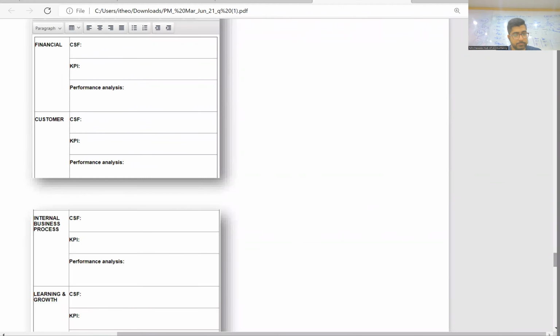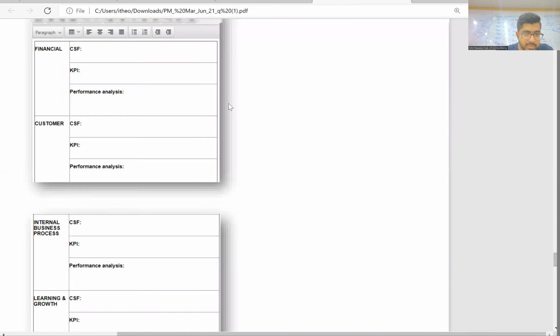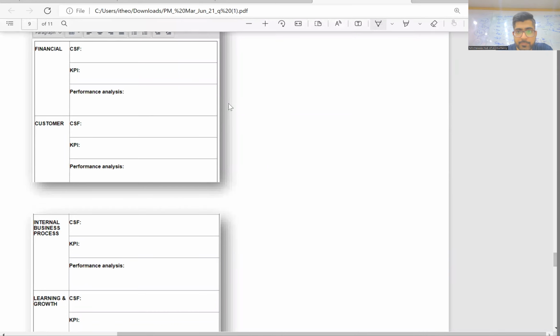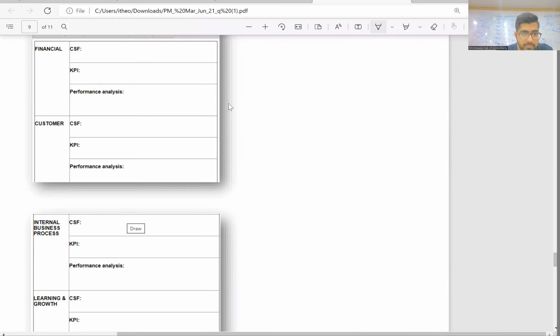Now, for the internal business perspective, we told you that the critical success factor is most likely to be functional efficiency.